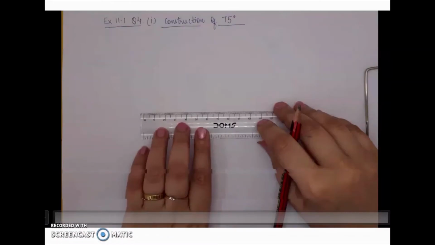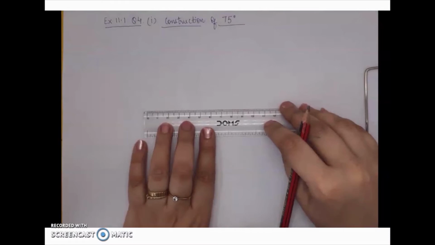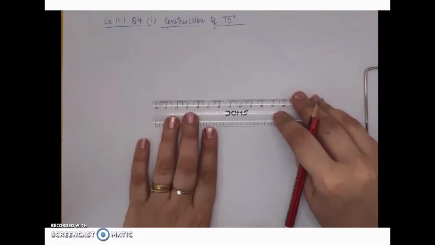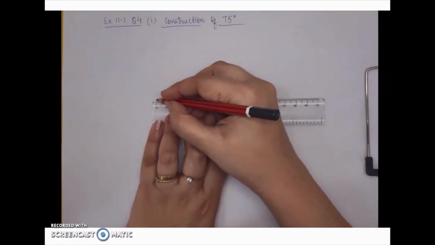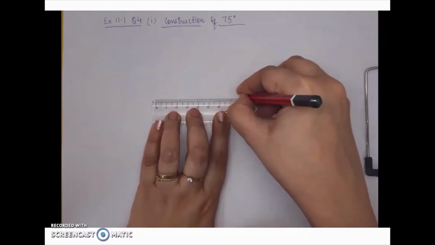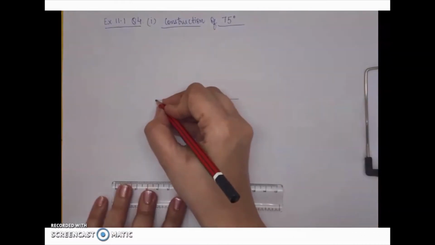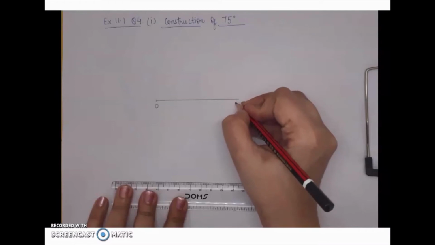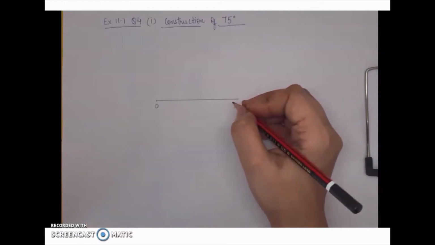This is question number 4, first part. For constructing 75 degree angle, now first I am drawing a baseline, that is OA. This is my baseline.